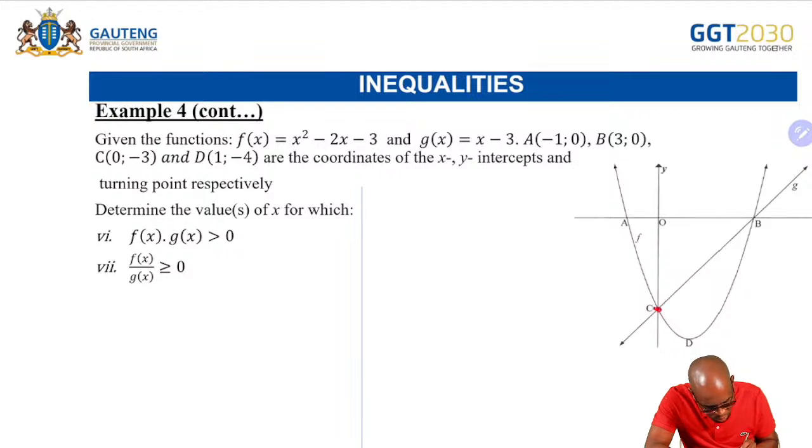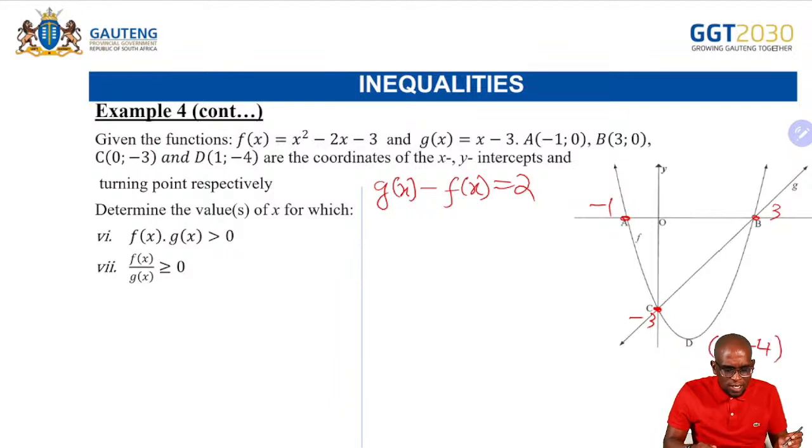Let me put on the points here. They were looking for G of X minus F of X is equal to 2. I'm putting the points -1, 3, -3, and then 1 and -4.